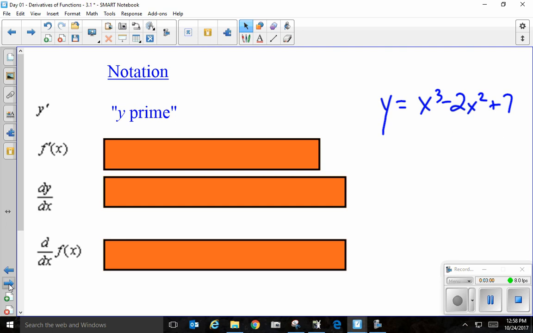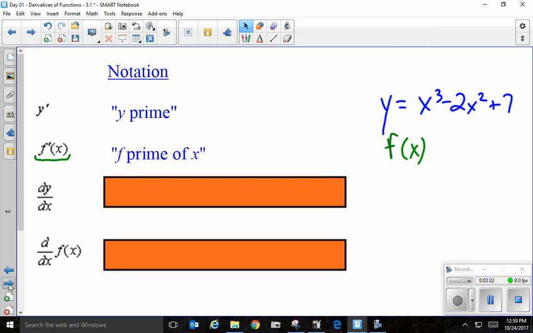So if I say y prime, I mean the derivative of y. Simple. You've seen this next one in the previous slide. If I'm given a function f of x, and I want the derivative of f of x, I just say f prime of x.